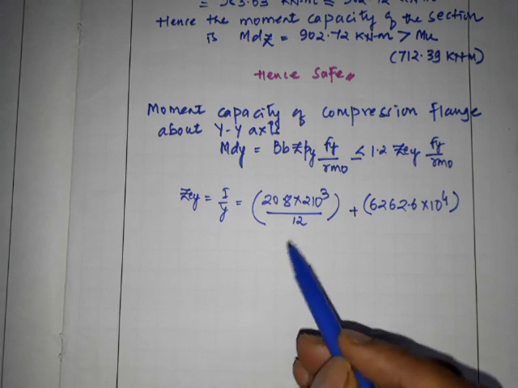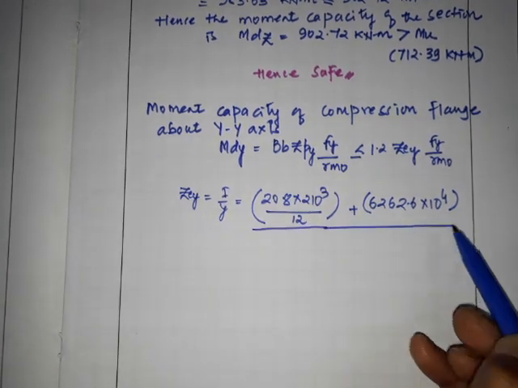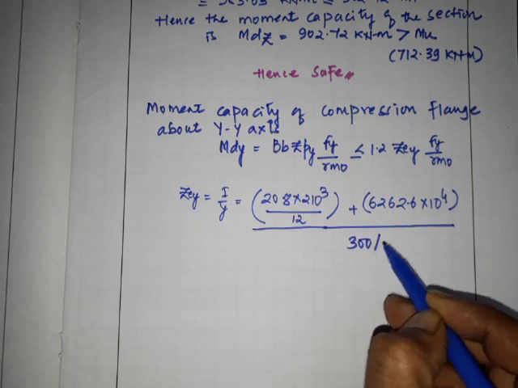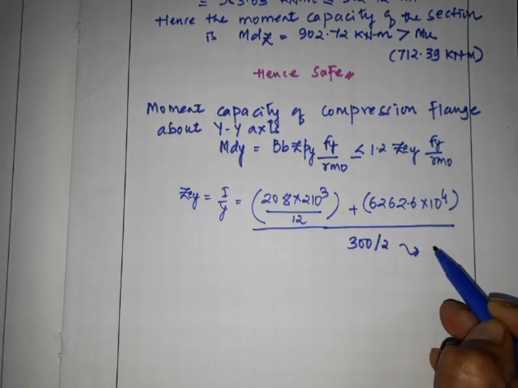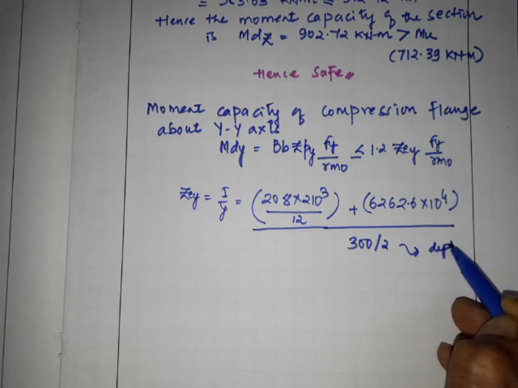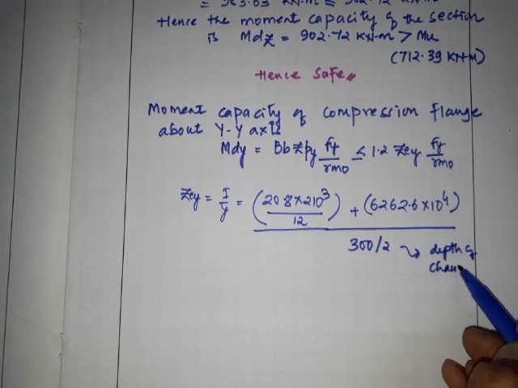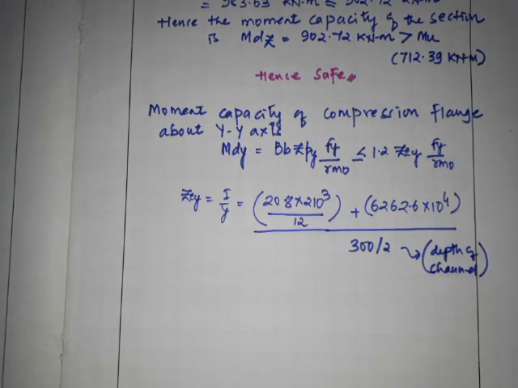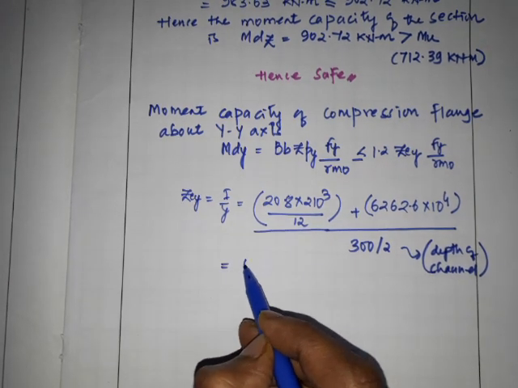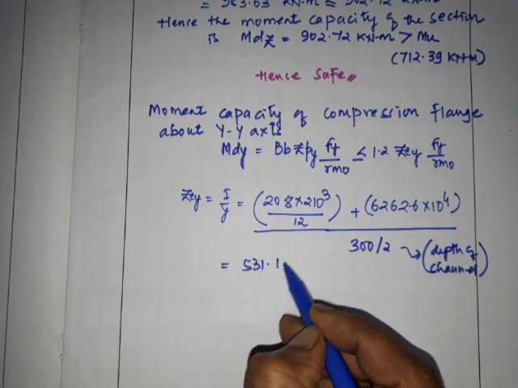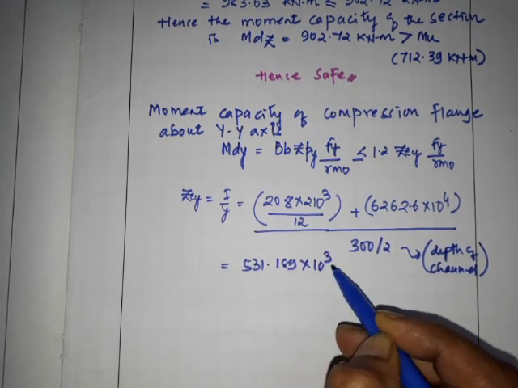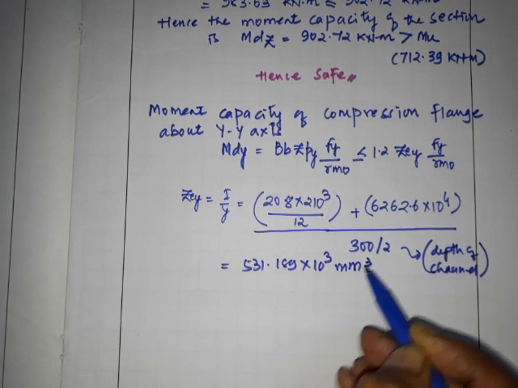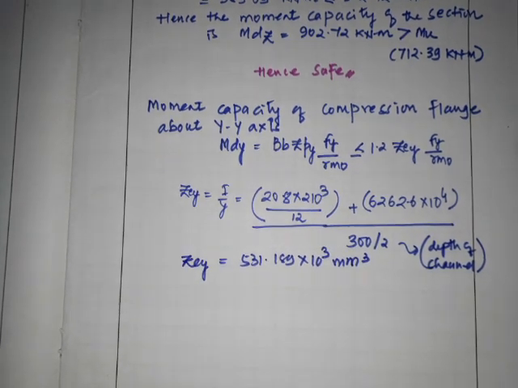We will get it from steel table, divided by y. So y is 300 by 2. Why it is 300? Because y is the depth of channel divided by 2. Okay, that is 300 divided by 2. So we get Zey is 531.189 into 10 raised to 3 mm cube.